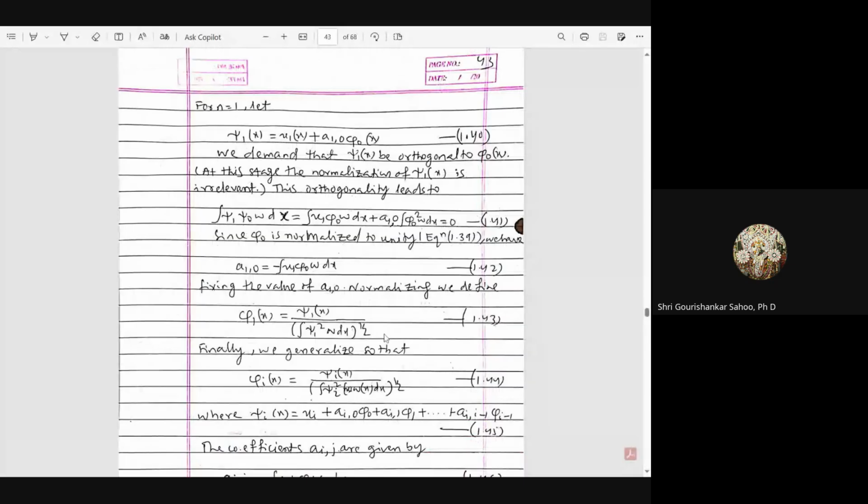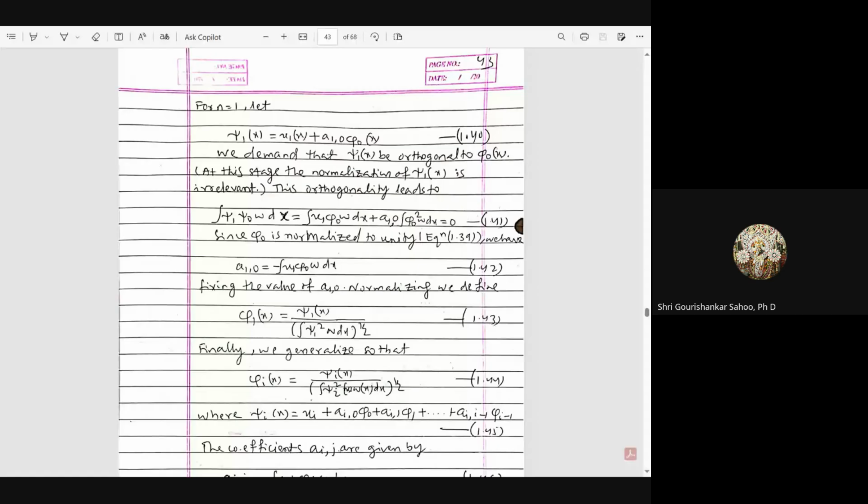And for n equal to 1, your psi_1 is equal to u_1 plus a_10 phi_0, and psi_1 must be orthogonal to phi_0. So at this stage the normalization of psi_1 is irrelevant, and orthogonality leads to integration psi_1 phi_0 omega dx, which is nothing but integration of u_1 phi_0 omega dx plus a_10 integration phi_0 square omega dx is equal to 0.